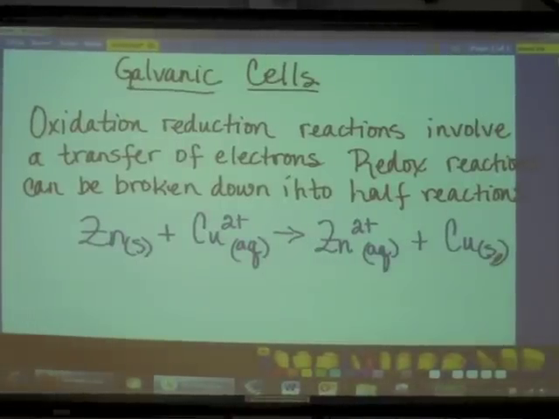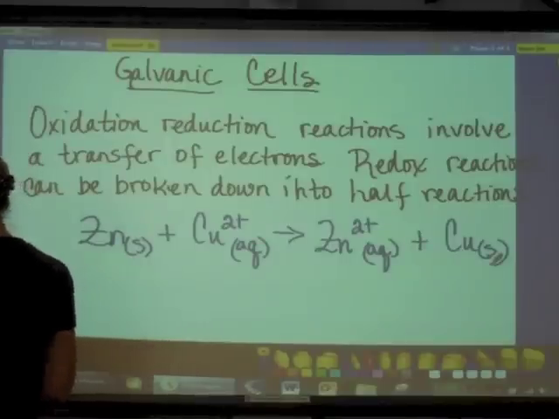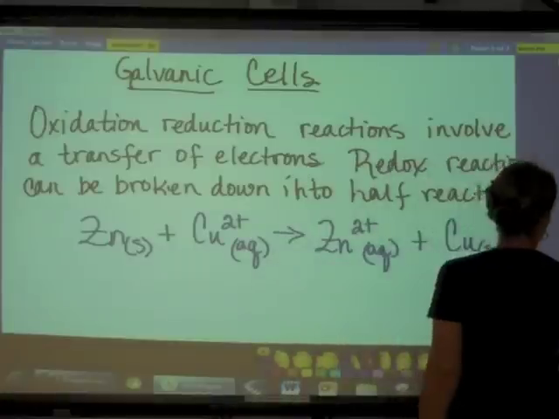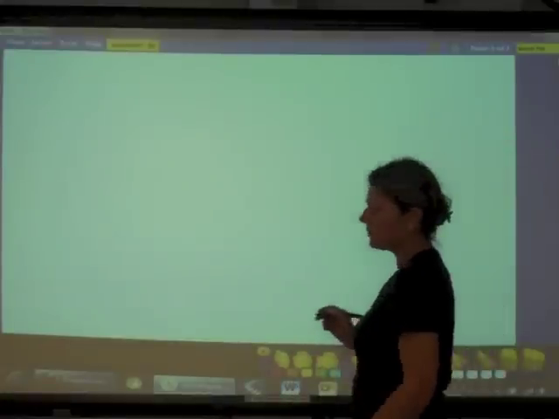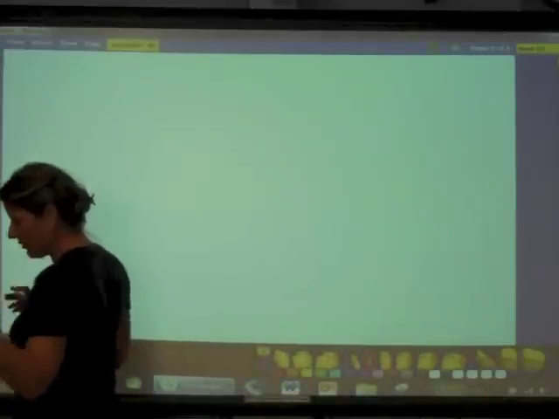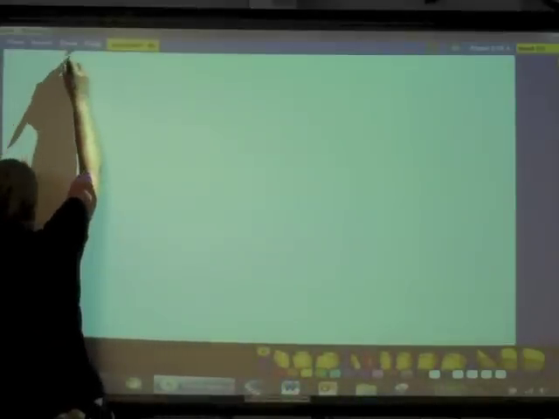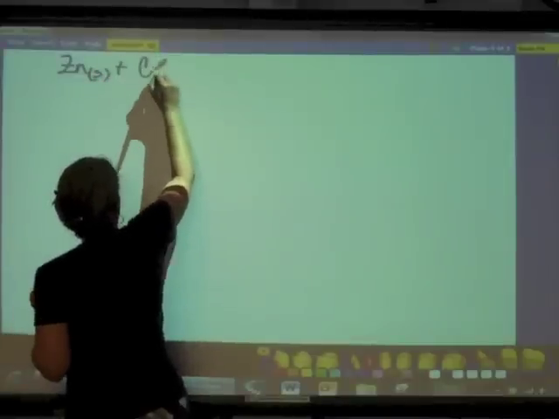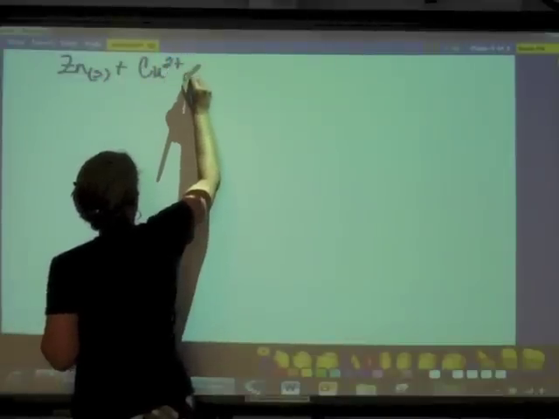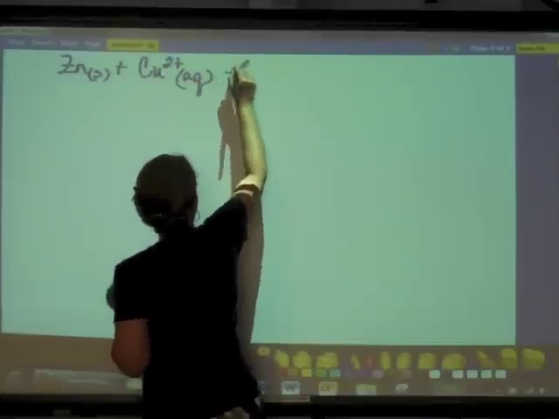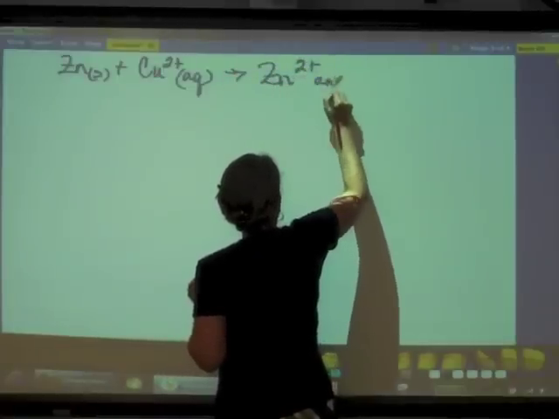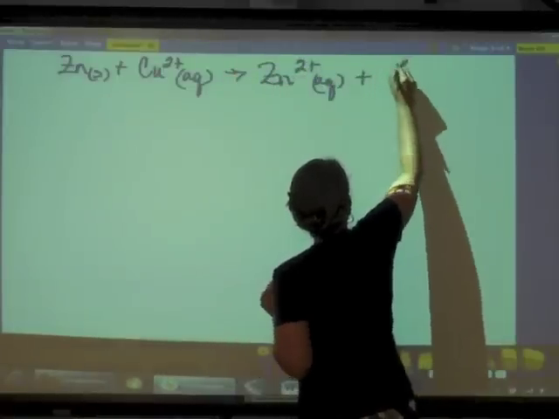Now we're going to write the half reactions for this. Always in redox reactions, we've got 2 half reactions. So I'm going to put it up here again: zinc solid plus copper 2 is going to give us zinc ion plus solid copper.